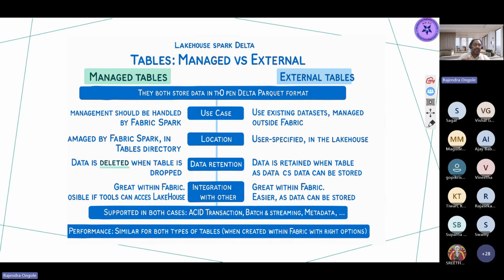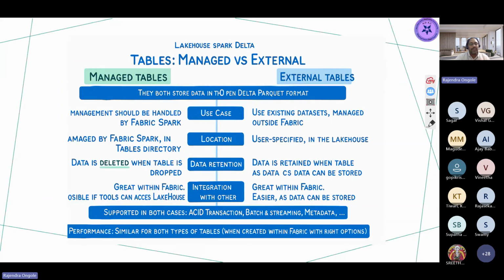Performance-wise, it is similar for both tables, as good as each other while doing the extraction, and depending on how many records you import into managed files or external source systems, because it's going to be handled by the Fabric Spark engines only. So in the backend, as per the configurations and each session execution, how much the pools define and the storage configurations we have defined, it will work accordingly.